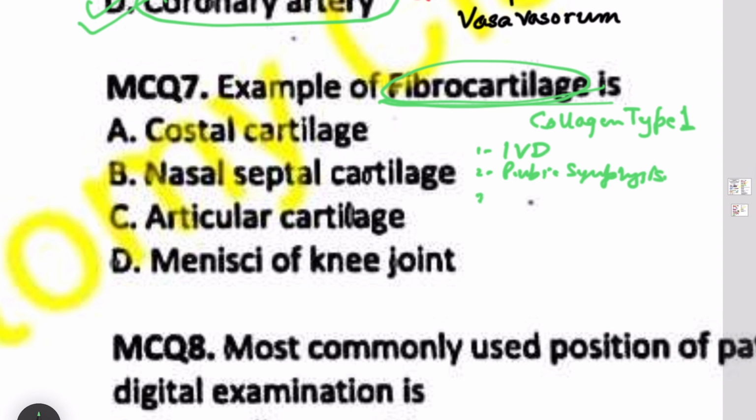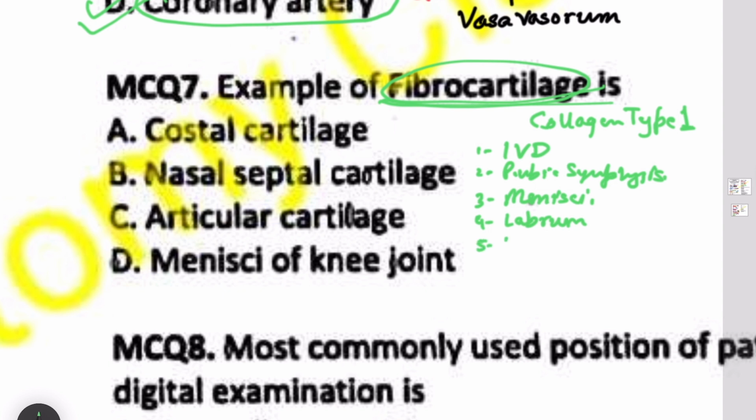Then otherwise you have the menisci of the knee joint. Then the labrum. Labrum in case of ball and socket joints, like the glenoid labrum of the scapula and the acetabular labrum of the hip bone, deepens the sockets. So they are also made up of fibrocartilage.